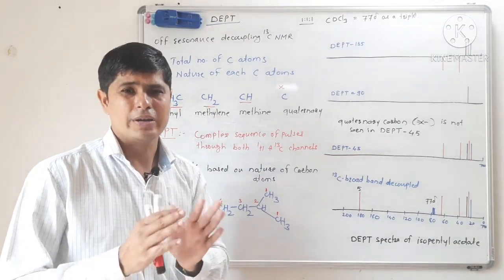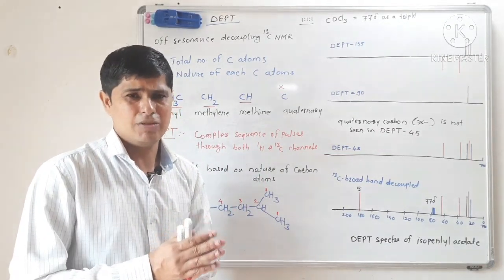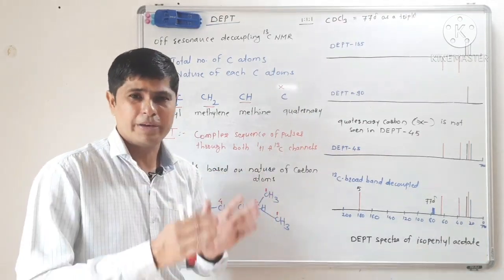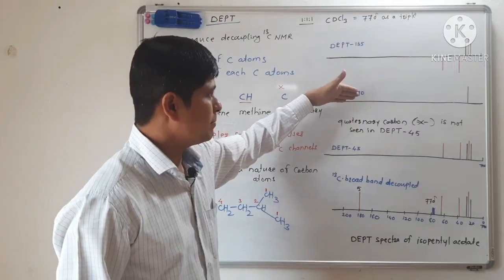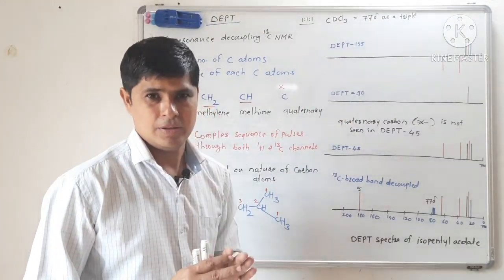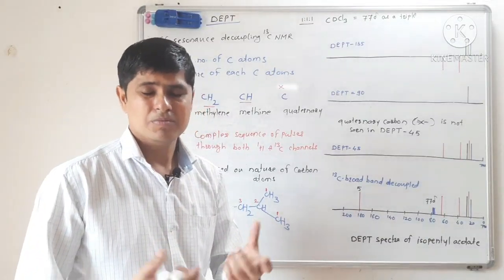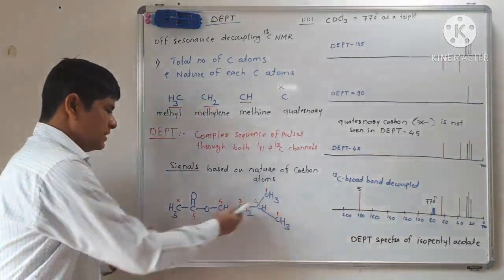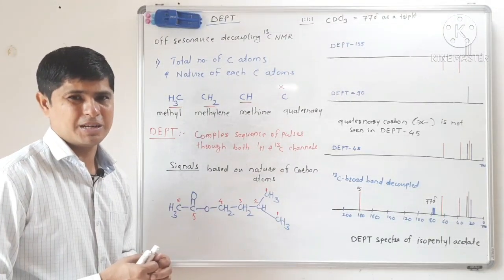We are not going into the mechanism of that, we are just interpreting. Our job as chemists is just to interpret DEPT 45, DEPT 90 and DEPT 135, and find out the signal intensity for each of these carbon atoms in the broadband decoupled carbon 13 NMR spectrum.